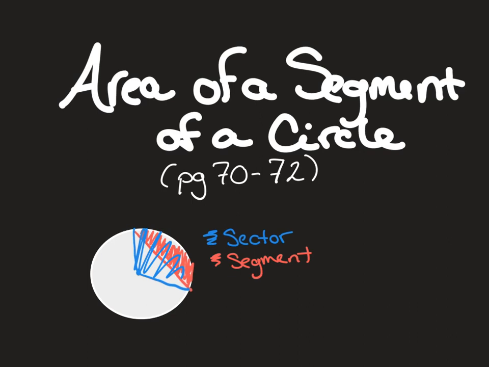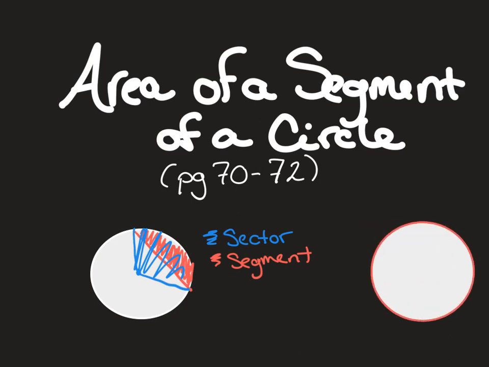So how we're going to do this is the following. We're going to find the area of the whole sector. Let me insert a new picture really quick. So we're going to find the area of the whole sector, this whole blue piece, because this blue piece is a part or a piece of the pie.